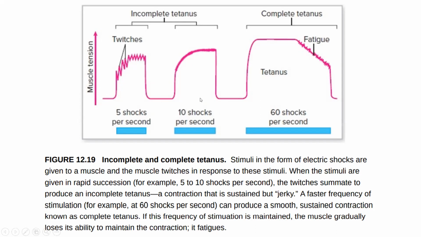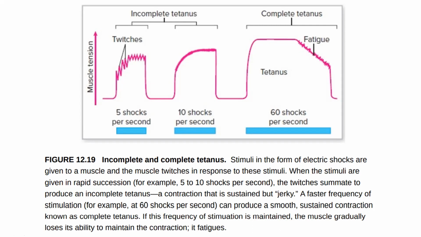Well, if we let the stimuli become more frequent, so the relaxation times become shorter and shorter between the twitches, then this whole contraction becomes smoother, but still, this is an incomplete tetanus. We get the complete tetanus only once the relaxation time between the twitches disappears, and we get the whole sustained smooth contraction.